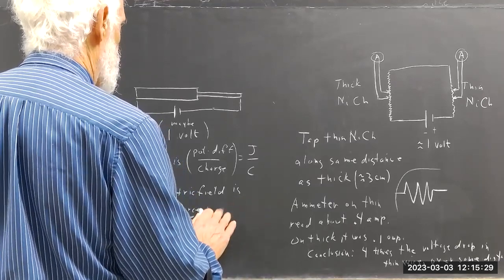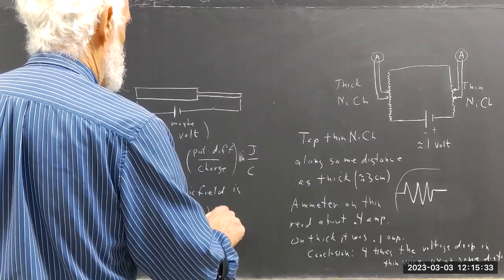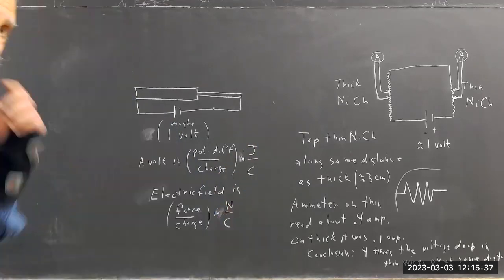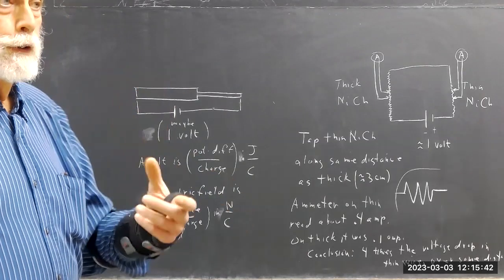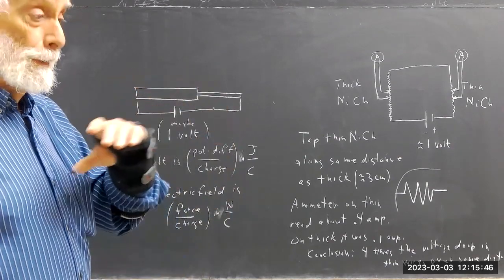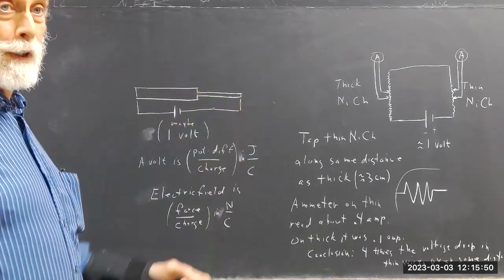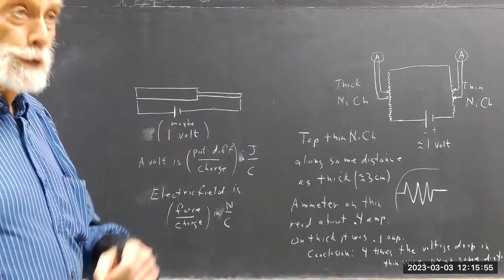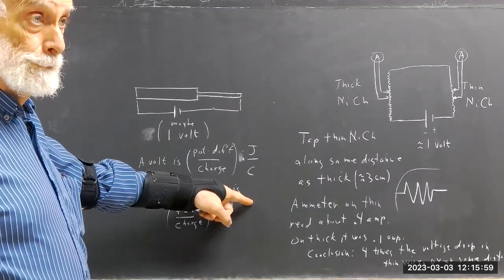I shouldn't say N, it should measure N per Coulomb. Now, where are the Coulombs? Well, the Coulombs are there in free charges. And we're not going to talk at this point about conduction bands and so forth. Just take my word for it. There are free charges here that get to move through the wire, but there's some resistance to the motion, which is why it takes energy to make them move. Okay.